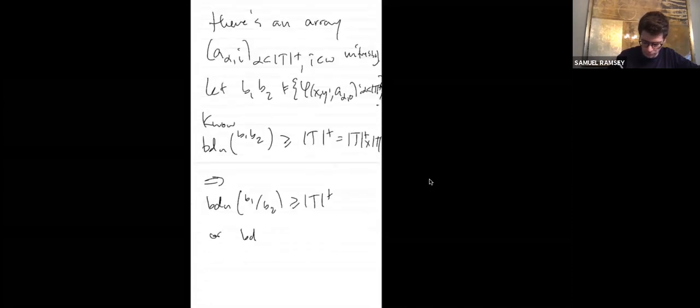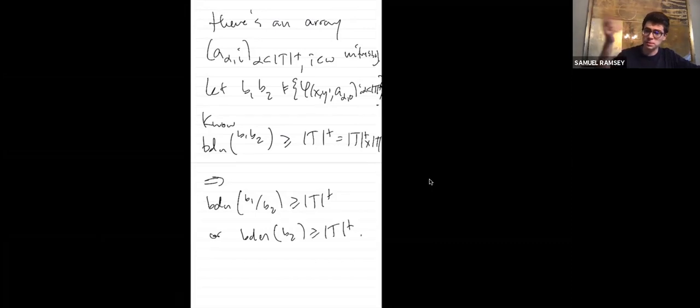So that implies that either the burden of B1 over B2 is at least t^+, or the burden of B2 is at least t^+. So if we know that, then in one of these types there has to be an IP pattern of height t^+. But what does that mean?